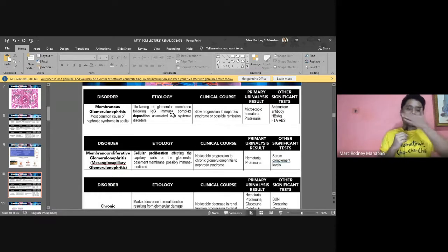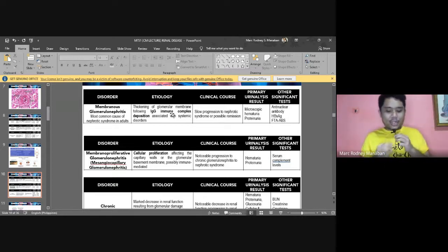Because we mentioned that it is possibly secondary to treponemal antigens, or a reaction of the treponemal antigens with the antibody, IgG, and of course, deposition in the glomerulus. That's membranous glomerulonephritis, again the most common cause of nephrotic syndrome in adults. So it starts first as membranous and then becomes nephrotic syndrome in the long run.